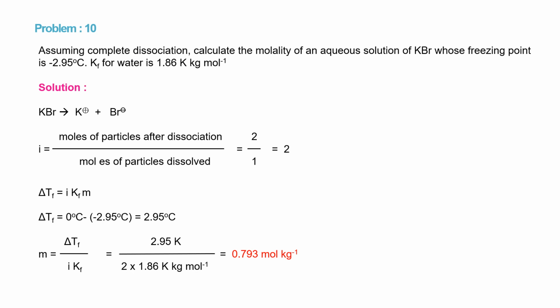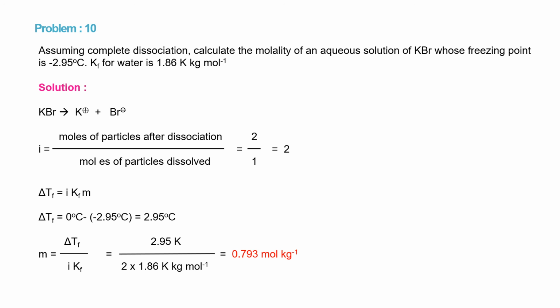Now the next sum is: assuming complete dissociation, calculate the molality of an aqueous solution of KBr whose freezing point is minus 2.95 degrees Celsius. Kf for water is 1.86 Kelvin kg per mole.